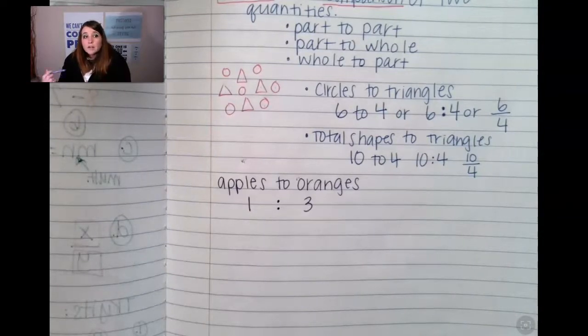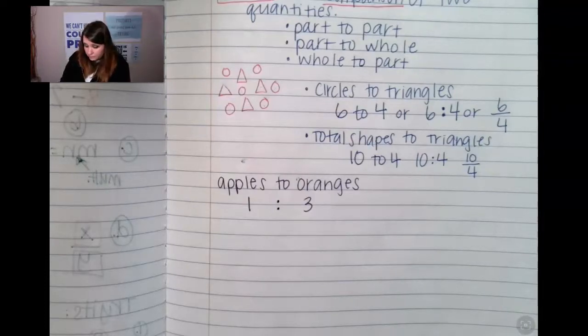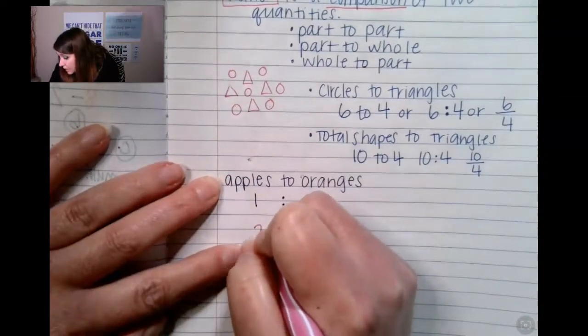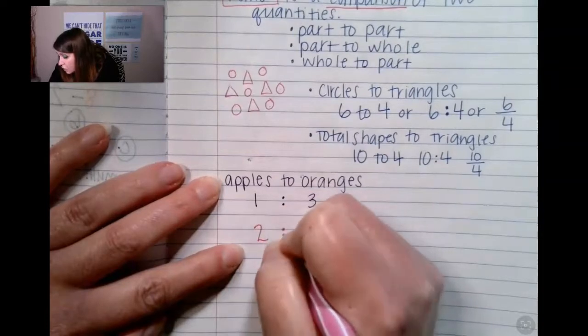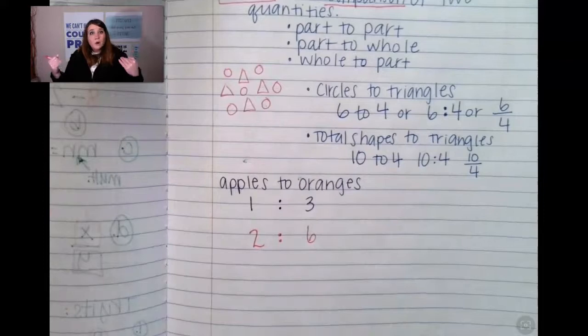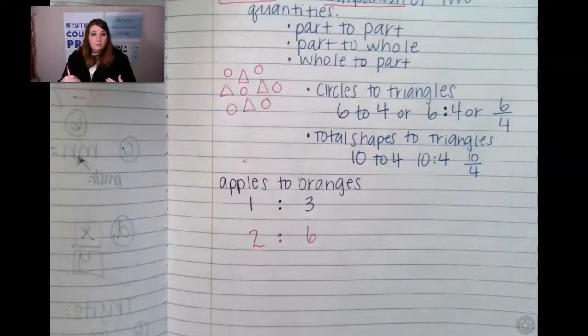Now, my friend has a ratio of apples and oranges that is 2 to 6. So my friend has 2 apples for every 6 oranges. And I want to know, is our ratio equivalent?